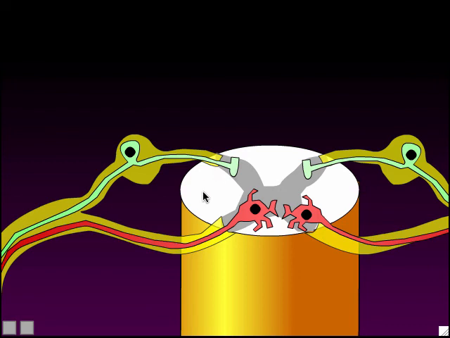Oh, and while I'm reviewing, the white part of the cross-section of the spine are the ascending and descending tracts, where sensory signals can ascend, go up towards the brain, and where the motor signals can come down from the brain and synapse with the motor neurons.